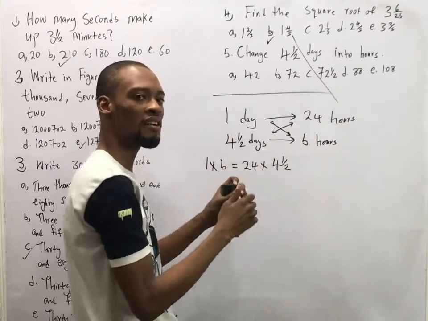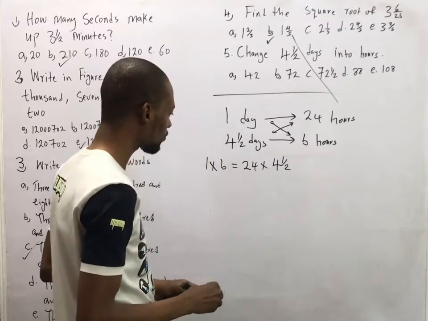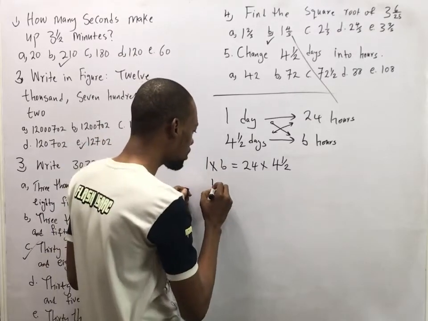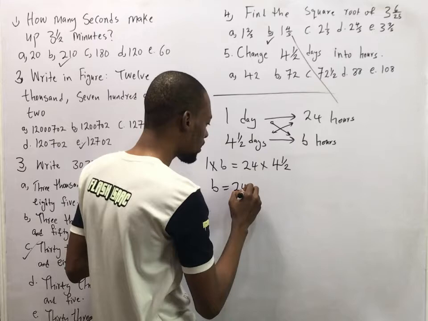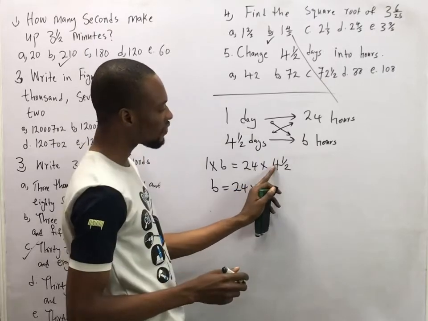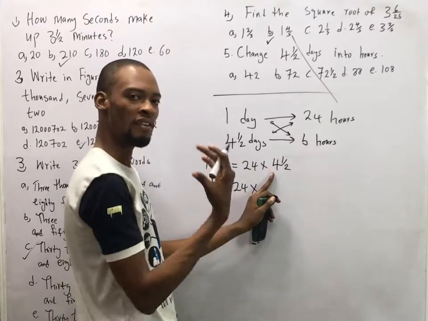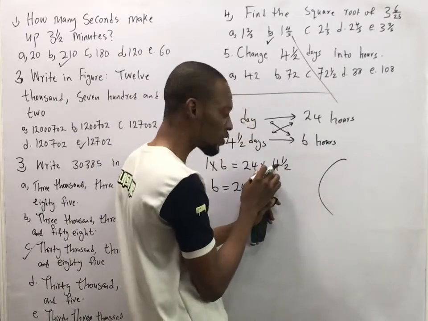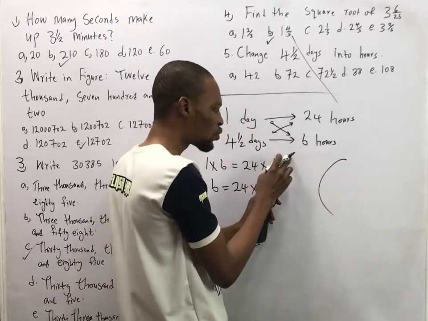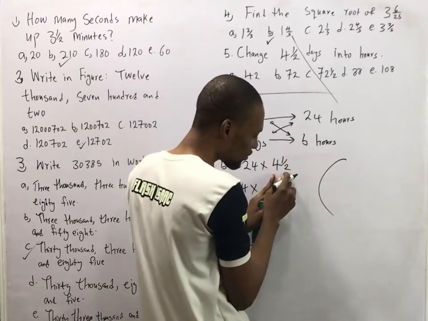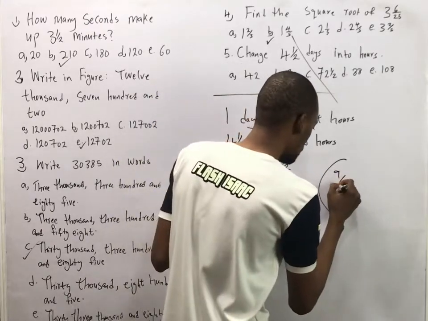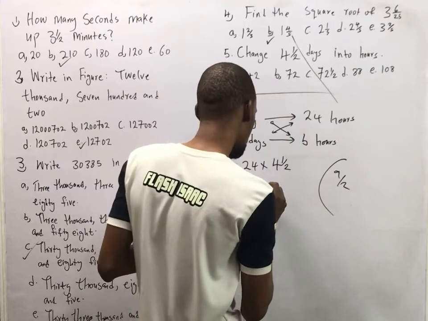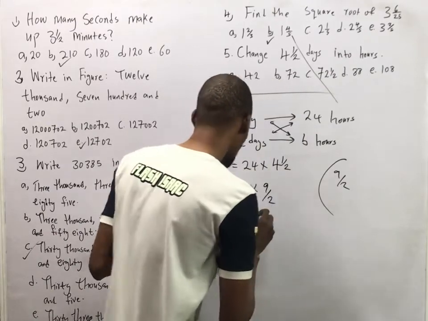Anyhow you do it, you arrive at the same answer. So 1 times B is equals 24 times. Now let's convert this to improper fraction. We'll simply come and say 2 times 4 is 8 plus 1, 9 over 2. So this is times 9 over 2.